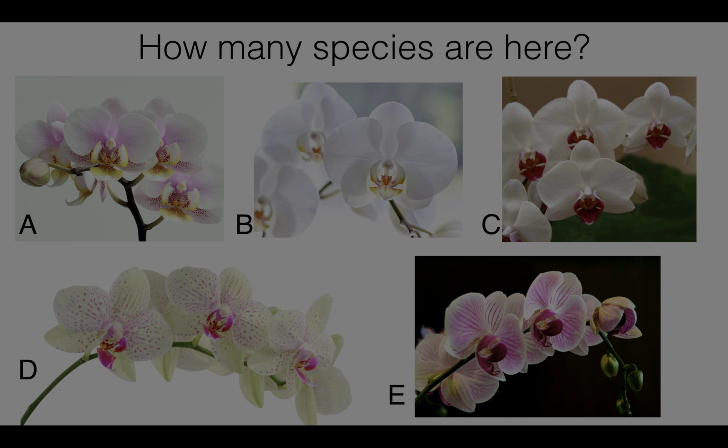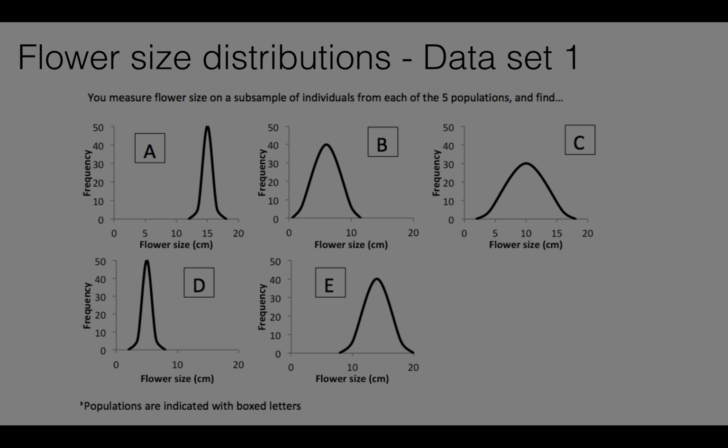But the point here is to get you to start thinking about what you know about species, what a species is, how you define a species, how you would delineate between different species, so that then we can dive in a bit deeper and figure out what the science says, what the data say.